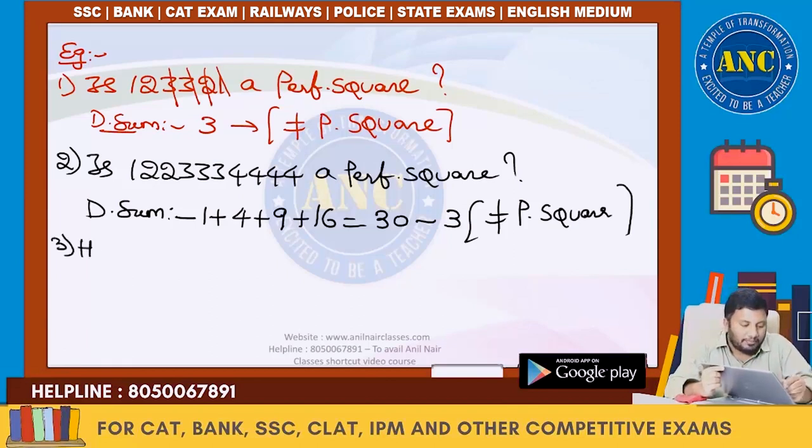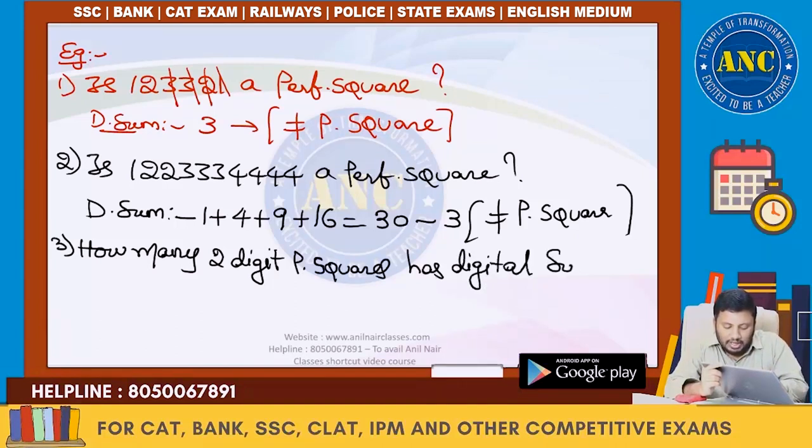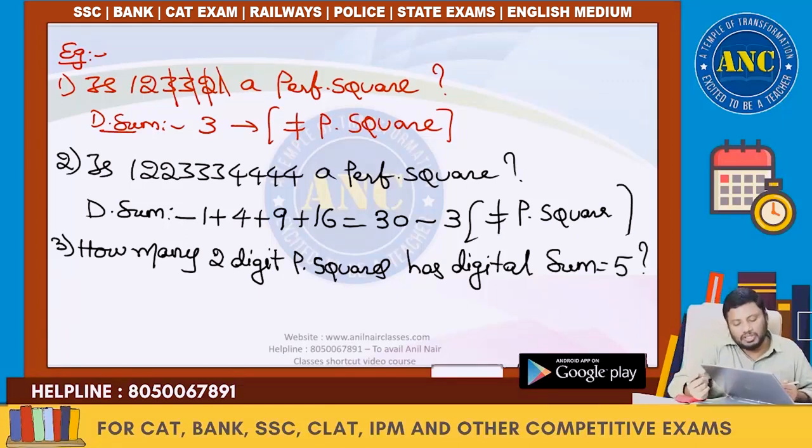Third question. How many 2-digit perfect squares have a digital sum 5?